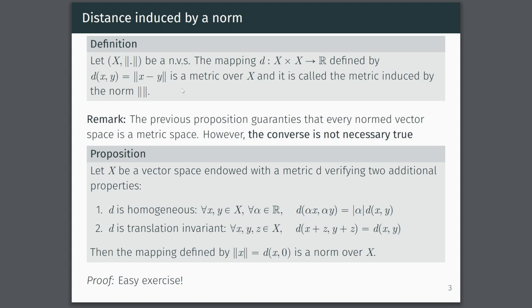Then you can't get a norm from every distance. Okay? You do need certain two properties essentially for your metric to give a norm. You need it to be homogeneous, meaning that if you multiply both elements by a constant alpha, then you can take that alpha outside and take its absolute value, right? So you can scale any point and your metric will scale appropriately. Okay? The other thing is that it needs to be translation invariant, meaning that if you translate any of your points, the distance shouldn't change.